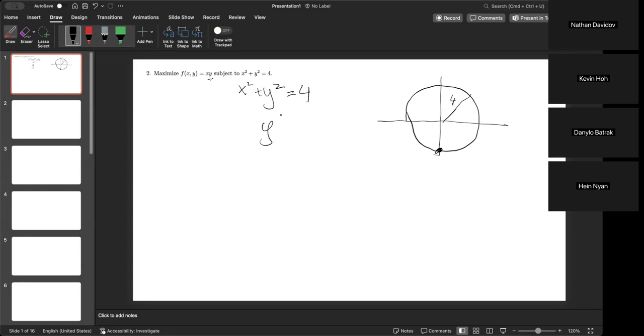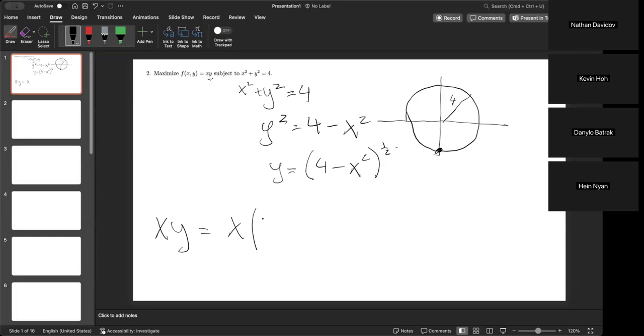That tells me y squared is 4 minus x squared, so y equals 4 minus x squared to the 1/2. So x times y is x times 4 minus x squared to the 1/2. All right, and now I just take the derivative of this and set it equal to 0.